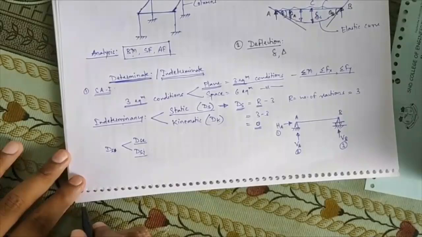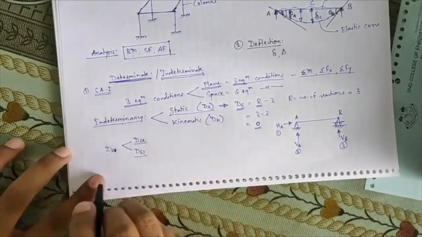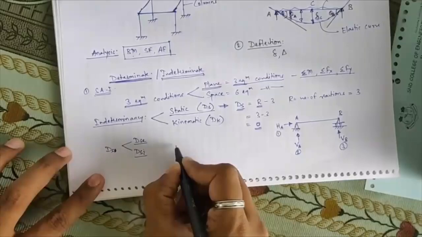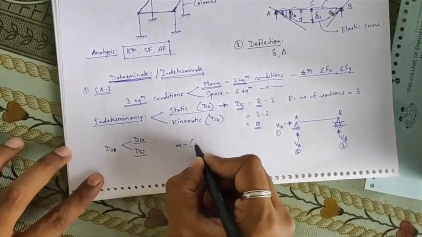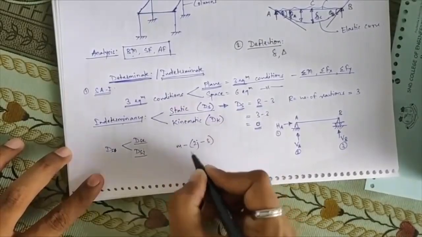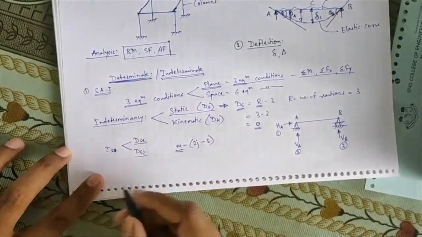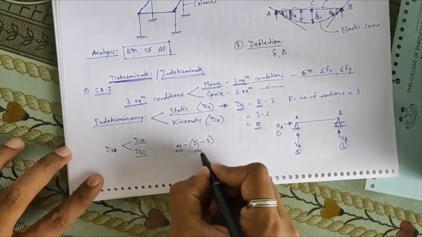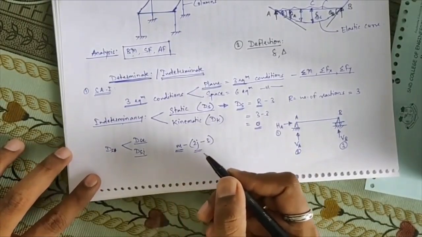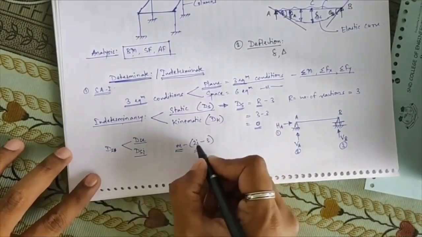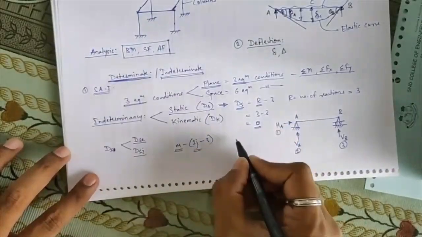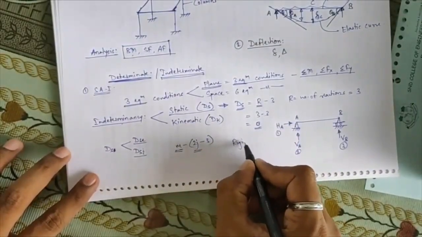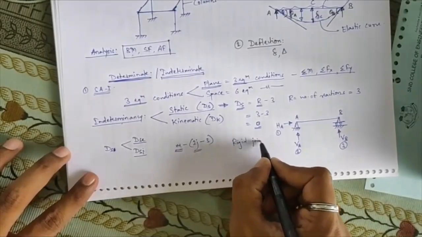In the case of trusses, we have seen that static indeterminacy is given by m minus 2j minus 3, where m is the number of members in that truss and j is the number of joints. Only thing is, in a normal structure, whatever joints you consider will be rigid joints, like the joints in this frame.